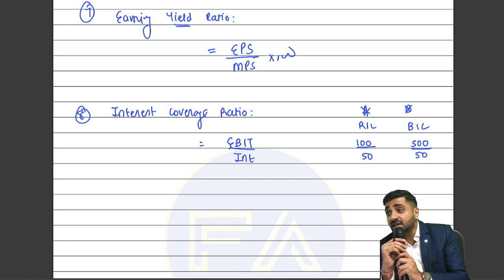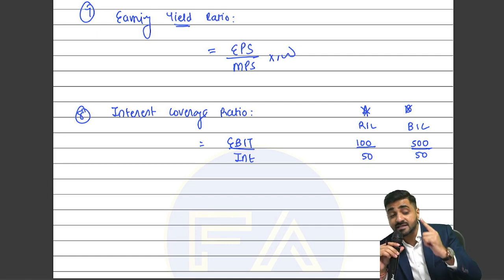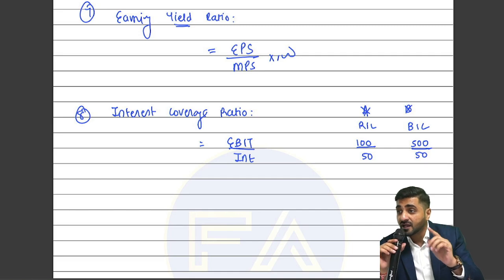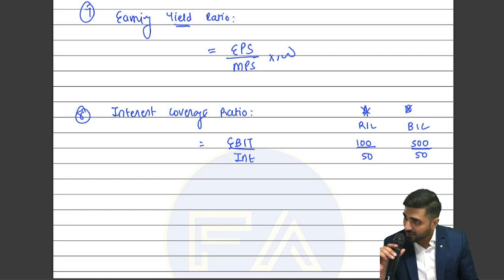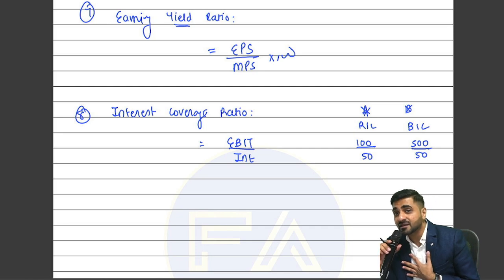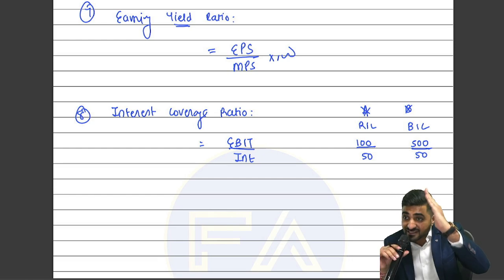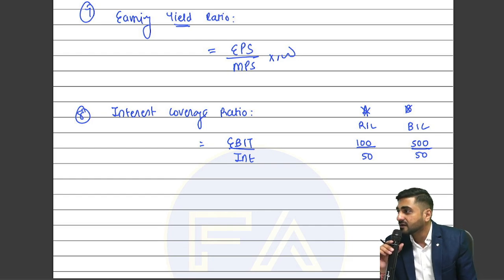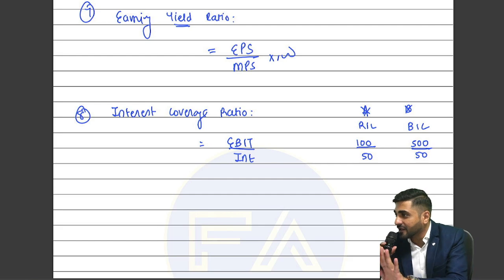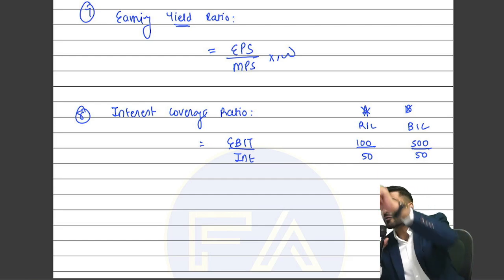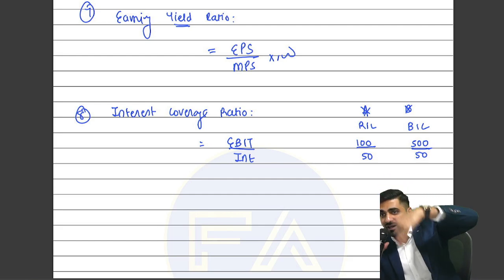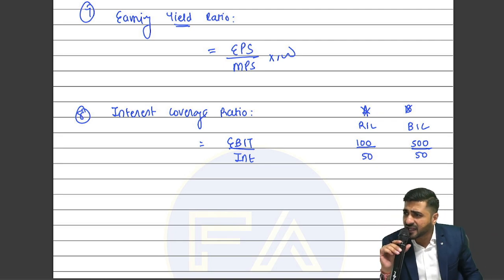In my case the interest is getting covered 10 times, because my profits are 500 crores. I will pay only one time, but my profits are covering my interest 10 times.